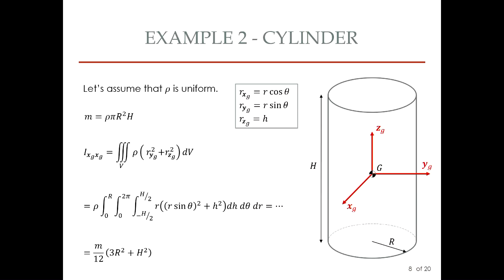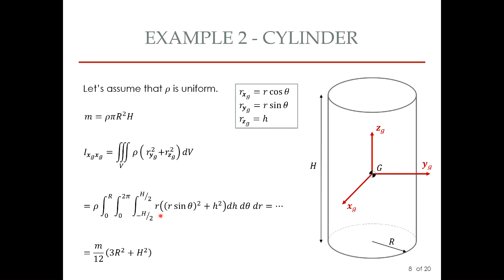So for this cylinder, if you calculate Ixx, this is the definition. You can look at the handout. Ixx, again by definition, is the integral of (ry squared plus rz squared) times rho. For this one, I would substitute their values with the transformation. Instead of ry, I'm substituting r sine theta. Instead of rz, h.